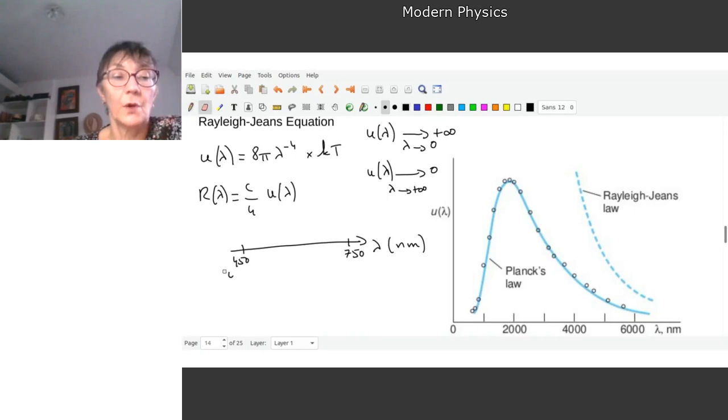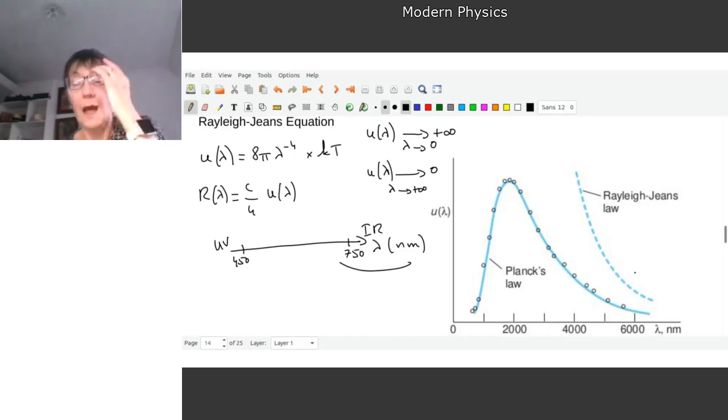Here you have ultraviolet, you don't see it, and here you have infrared, for wavelength higher than typically 700 nanometers, and for wavelengths smaller than 500 nanometers you have UV. So this works for these low frequencies, at least the behavior is okay.